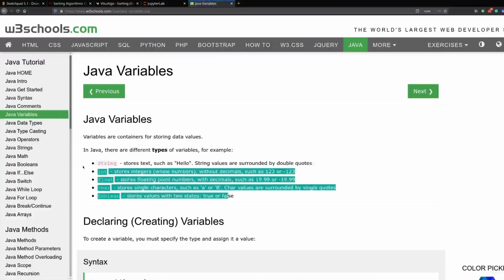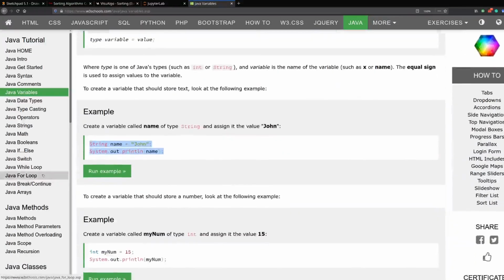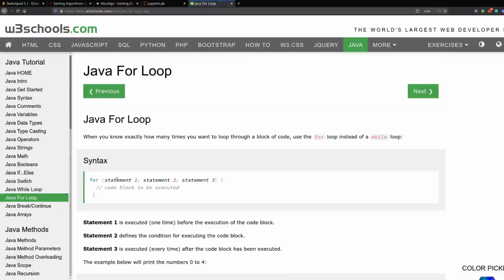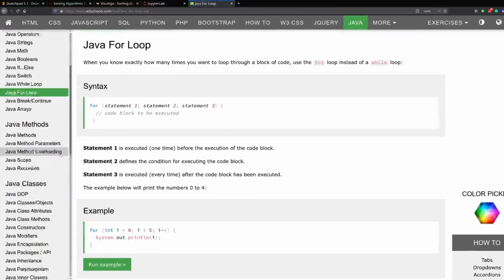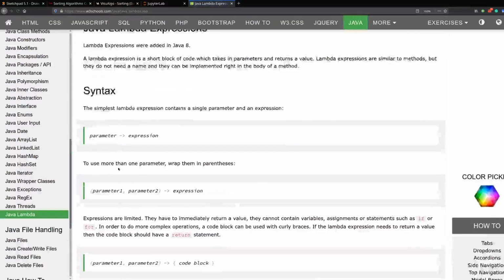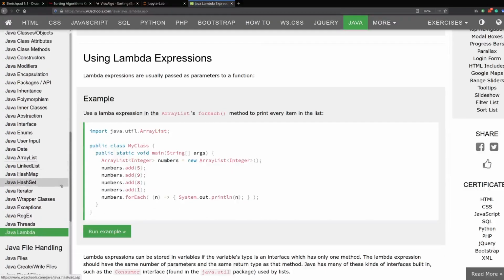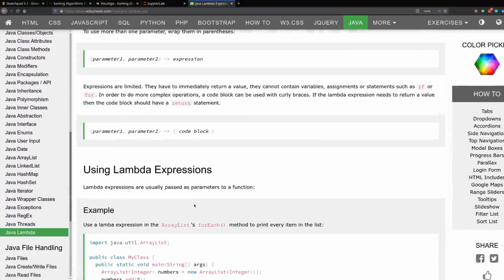It's a very simple, easy to understand way of learning Java. It just teaches you really what you need to know. And it has pretty advanced stuff over here. Like, it even goes into lambda expressions, all that. Anything else?